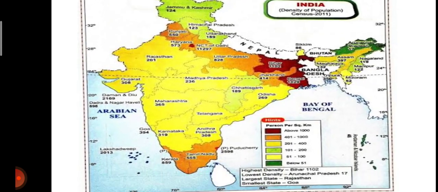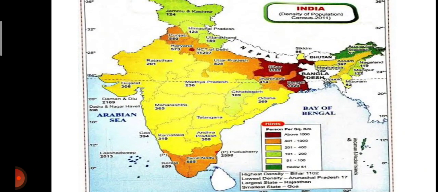So these are the different densities of the states in this map.